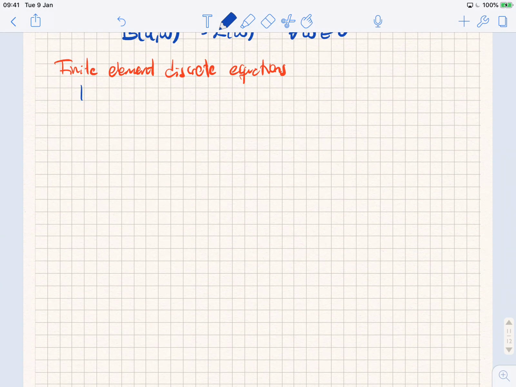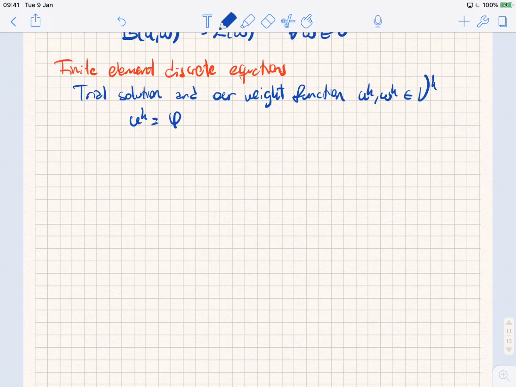Okay, as we said, we take the trial solution and our weight function. So what we're going to do is represent uh as, let's do it in matrix form.